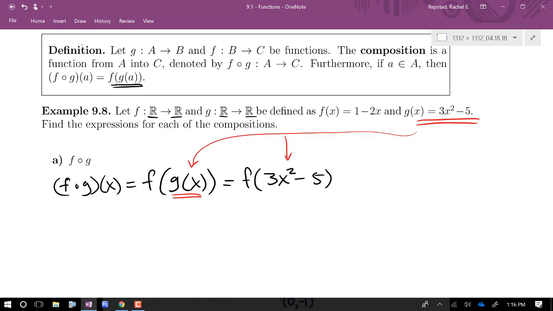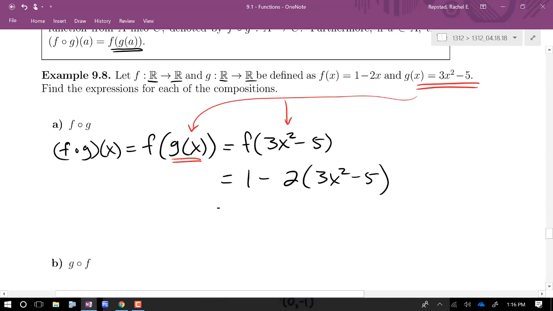So our F function, 1 minus 2x, is 1 minus 2 times whatever the input is, but this time my input is 3x squared minus 5. And now we get to do algebra. Try to do it correctly. If we distribute the 2, we get 6x squared plus 10. So we get 11 minus 6x squared. There's our F of G of x function.